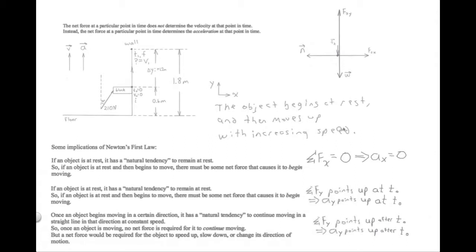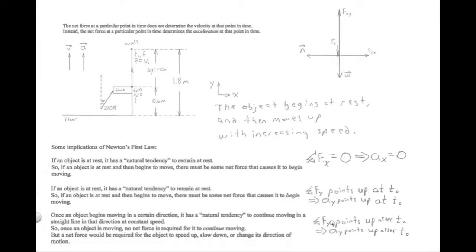Okay, so this object begins at rest in both components. There's zero net force in the x component, so the object obeys its natural tendency and remains at rest in the x component. There's an upward net force in the y component, so that upward net force causes the object to overcome its natural tendency to remain at rest and to instead begin moving upwards in the y component, and then continuing.